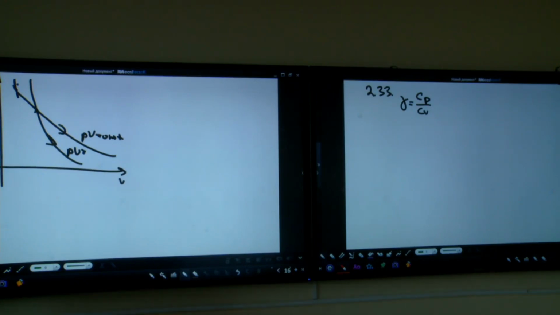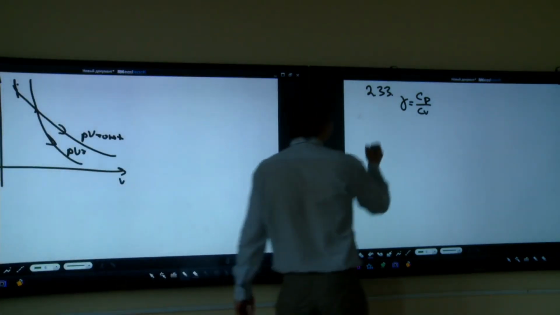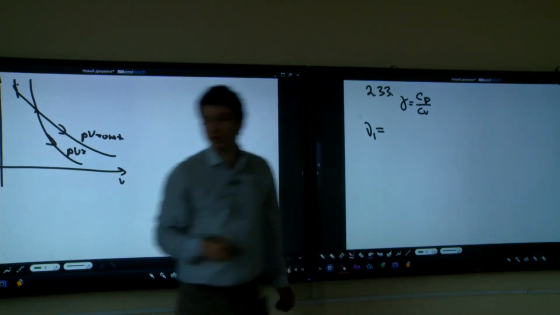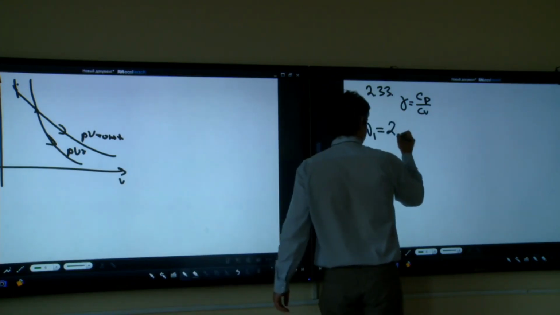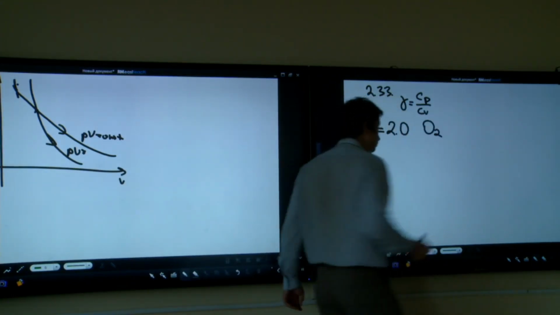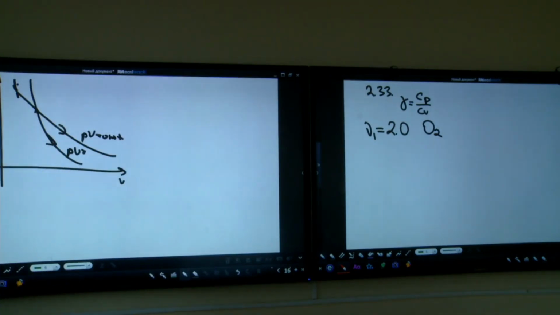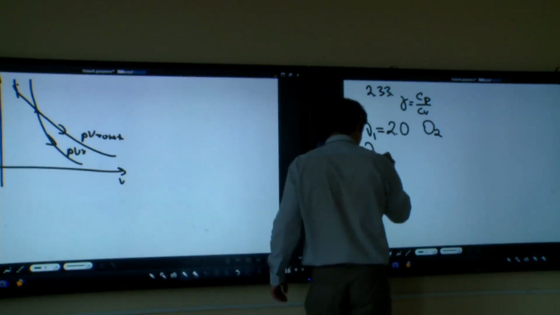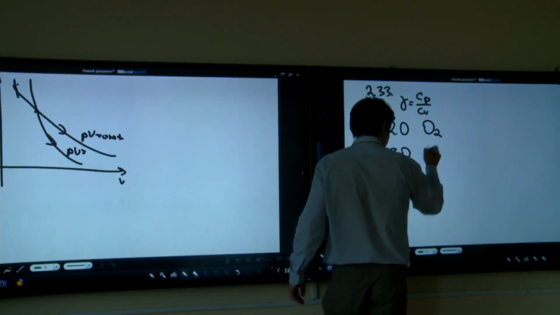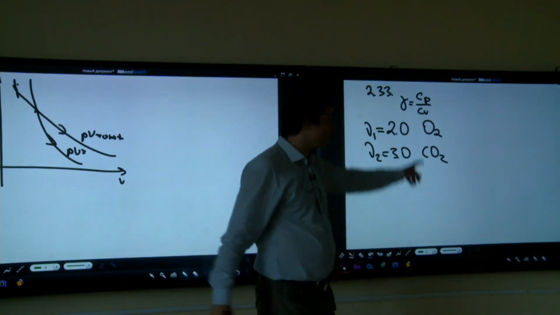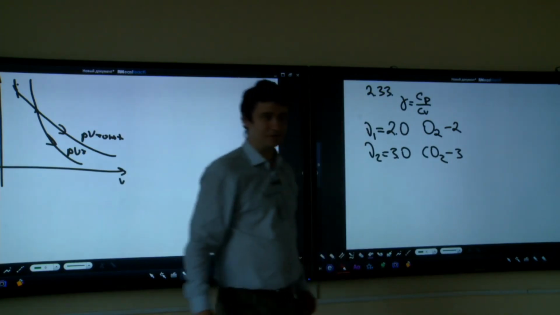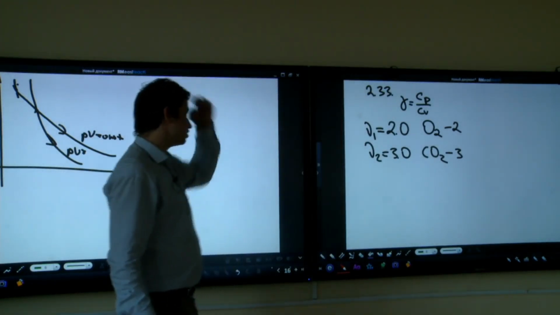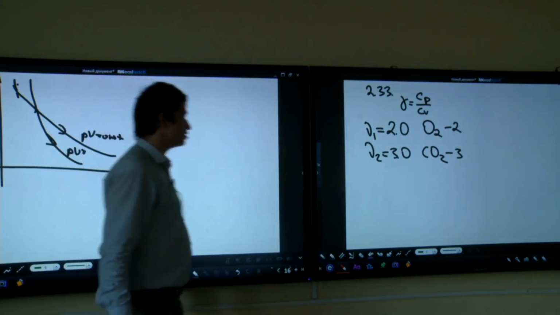We just have a composition of gas. This is a mixture of 2 moles of oxygen and 3 moles of carbon dioxide. As you see, oxygen has 2 atoms in 1 molecule, and carbon dioxide has 3 atoms in 1 molecule. That's what's important in this mixture. And now we need to determine Cp over Cv.